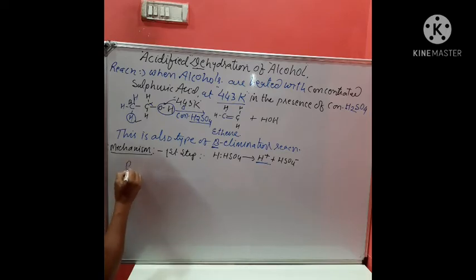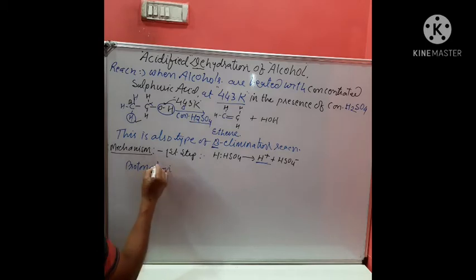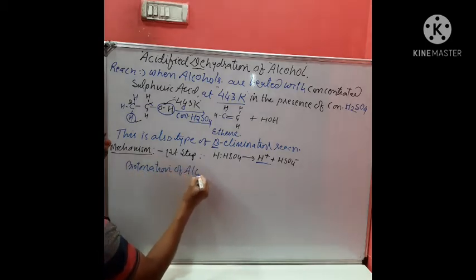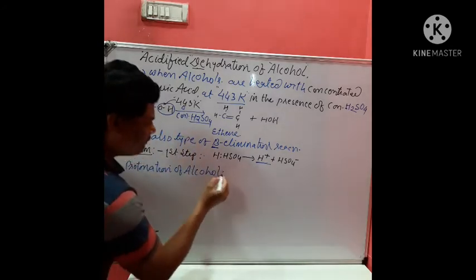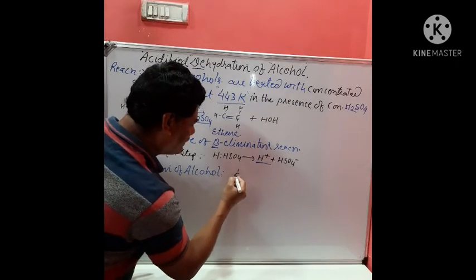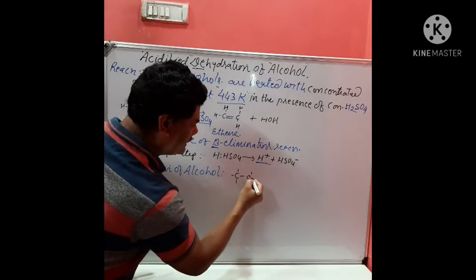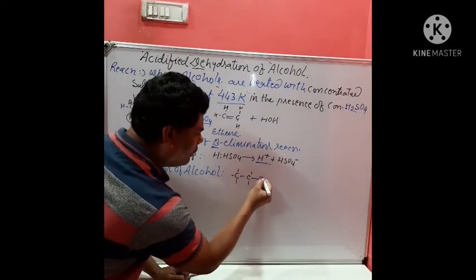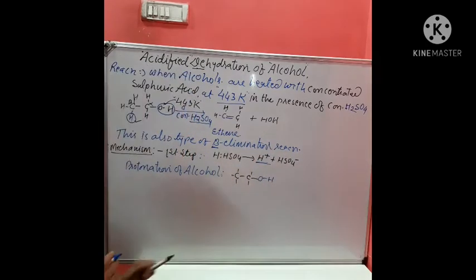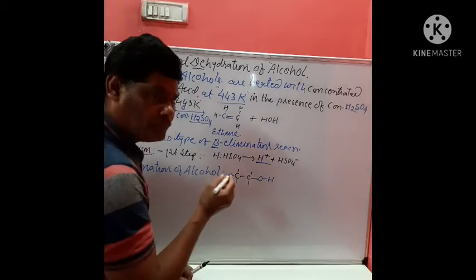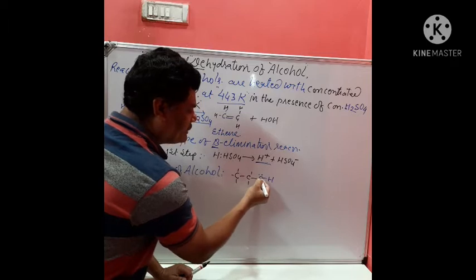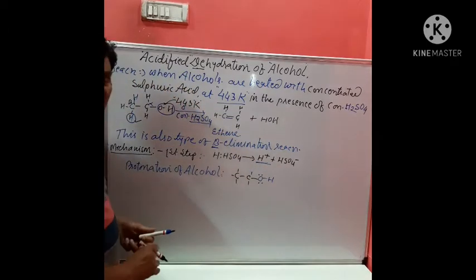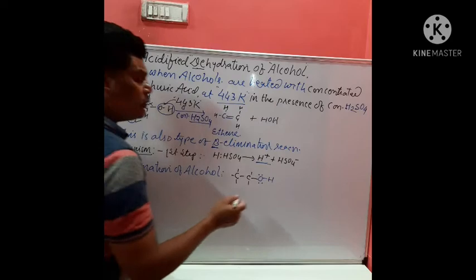So we see protonation of alcohol. Now this is CH3, this is CH2, and this is O, and this is H, the alcohol. I told you in the mechanism you must describe each and everything. The two lone pairs are present on the oxygen of the alcohol.